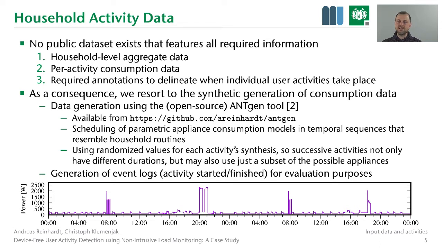But there was always some variance in between, and sometimes that would even lead to the omission of certain appliances from an activity. There's a sample trace shown here in the bottom for 2 days worth of data. That includes a bunch of user activities on top of the typical household base loads like an internet router and a fridge and so on. So using this data that we synthetically generated, we seek to benchmark NIAD and see how well it performs.